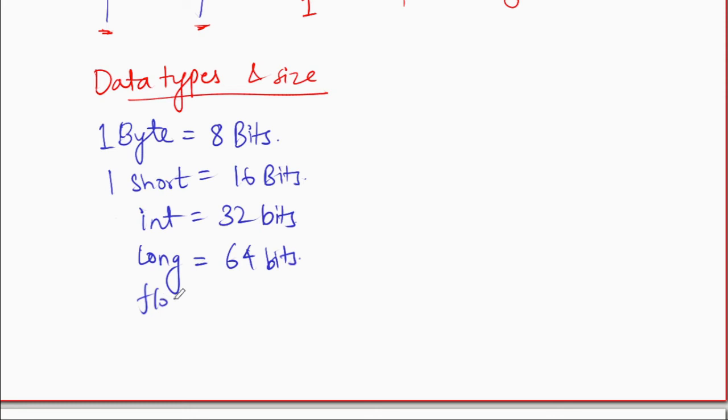For float, or real number, it is 32 bits, double has 64 bits, and character has 8 bits.